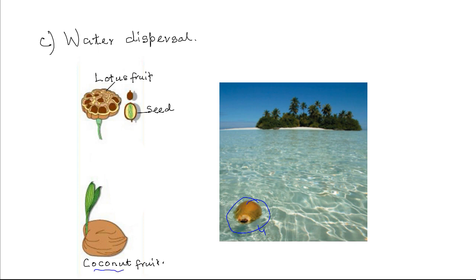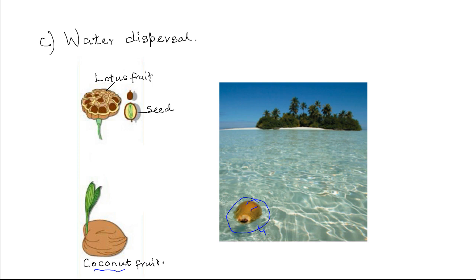Here is a coconut fruit. Within the fruit itself, the mesocarp is fibrous and is air-filled to increase buoyancy, and also to prevent this fruit from soaking in water and sinking.